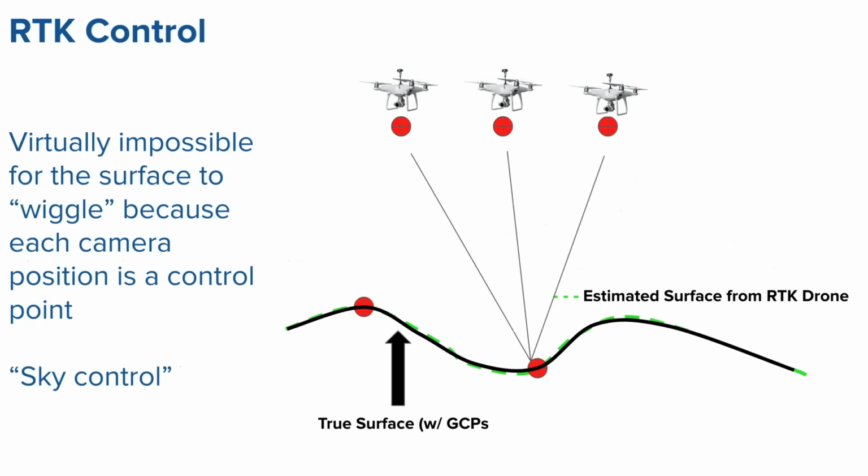Now, there is a caveat to that, and I'm going to go into that next. Generally speaking, what you'll see is that immediately, your horizontal accuracy, even if you don't utilize ground control points, is very tight, and that's because we have essentially sky control points.